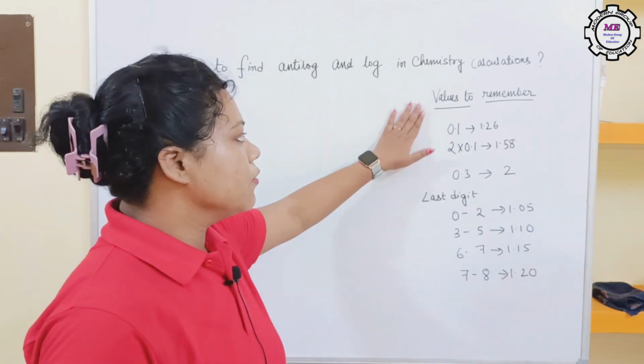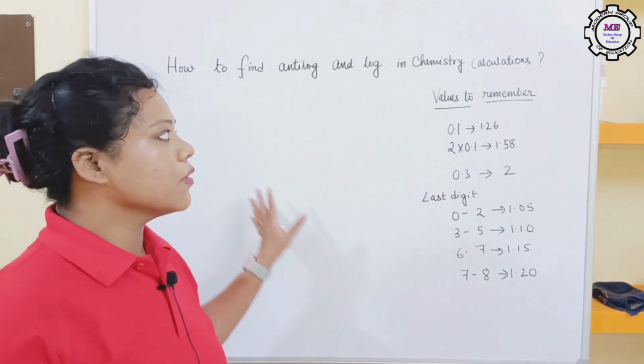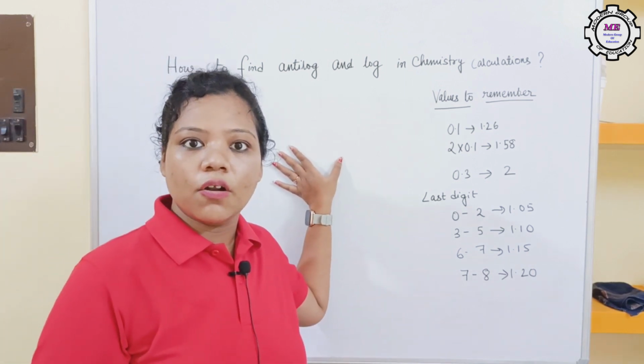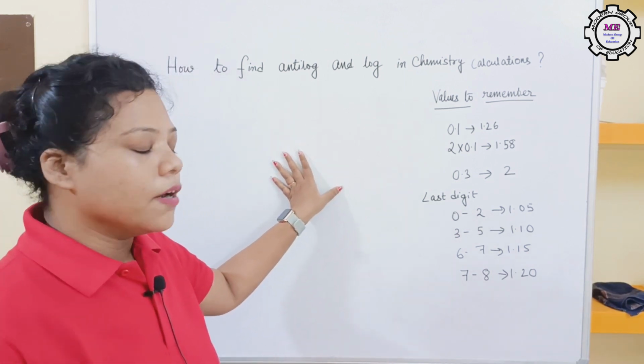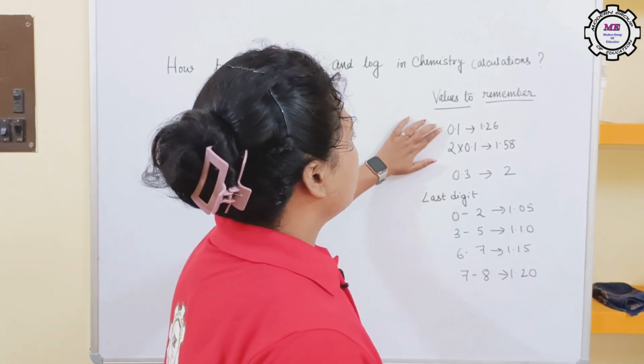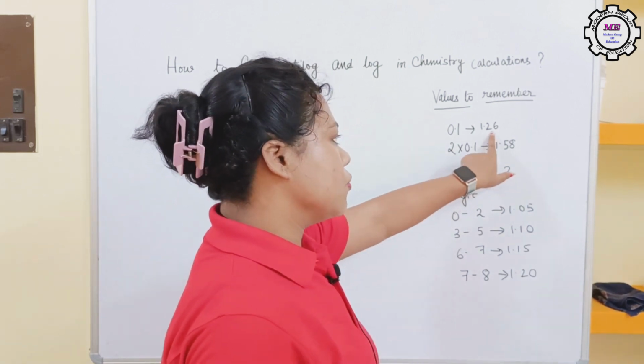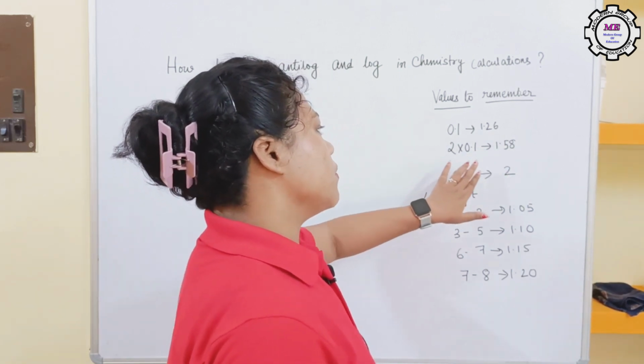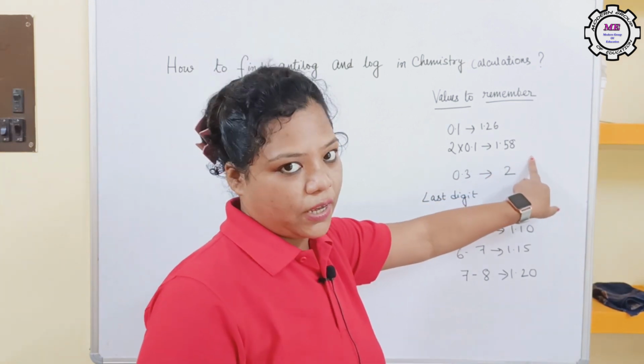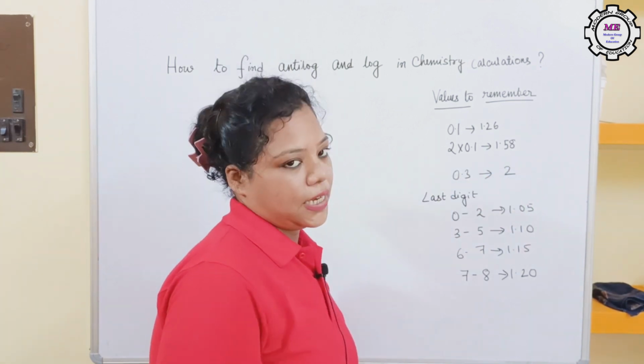Okay, so these values you have to remember, otherwise you cannot do this type of calculations without any log table. So values to remember are 0.1 is to be taken as 1.26, 2 into 0.1 is to be taken as 1.58, and 0.3 is to be taken as 2.